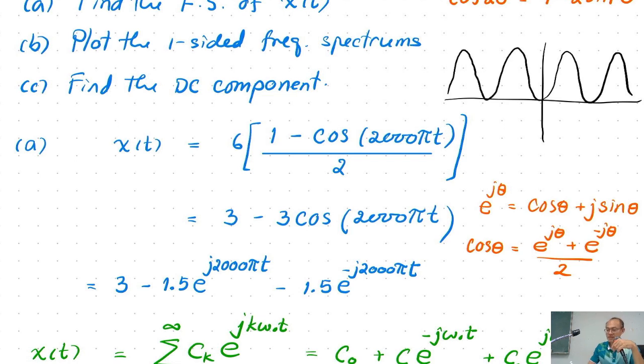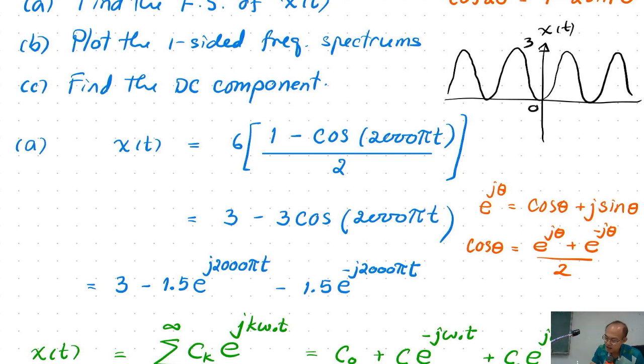This is x(t). If you plot this function, the graph will look like this, and the amplitude is 3.